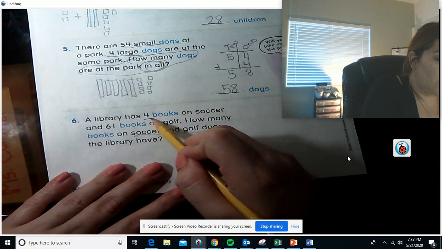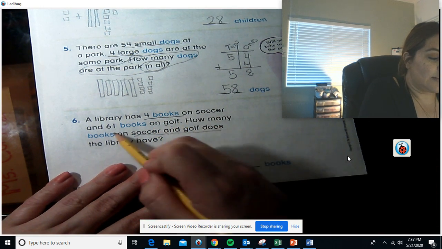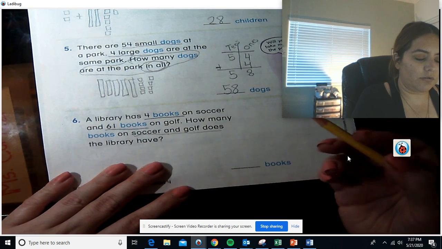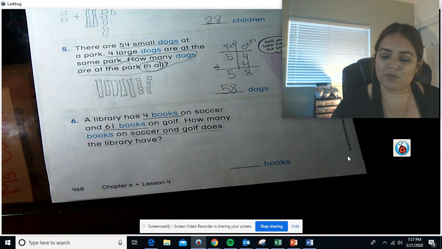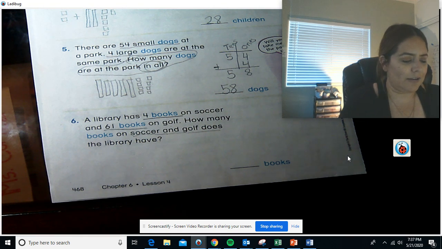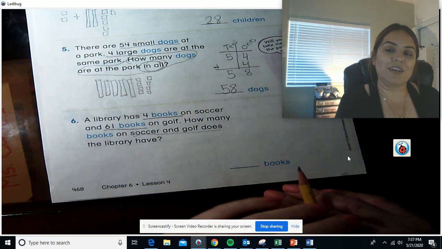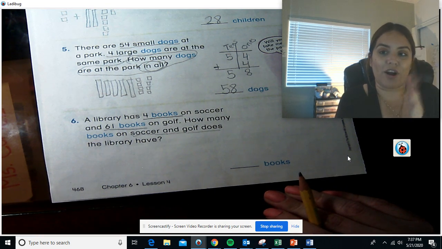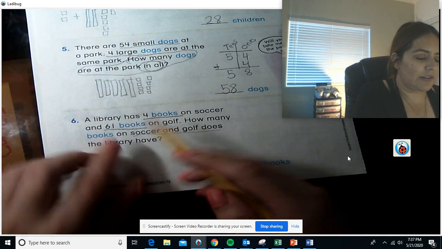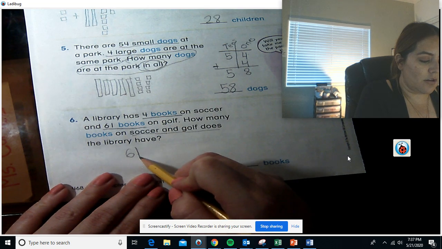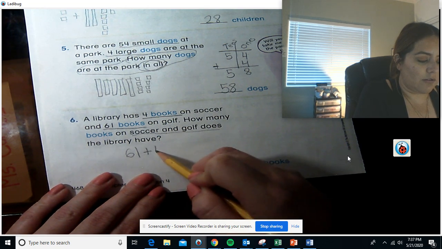So it has 4 books on soccer and 61 books on golf. What strategy should we use for this one? How about we count in our head? Let's try counting in our mind, counting on. So I have 61 plus 4.